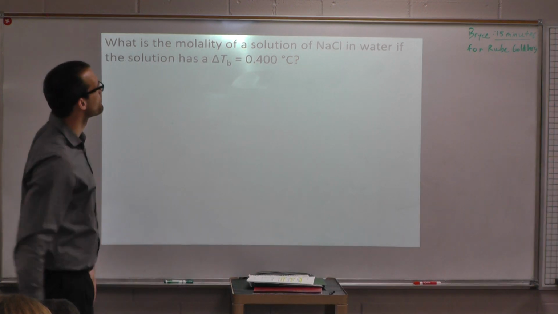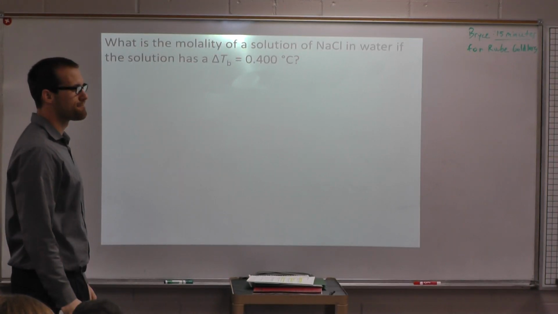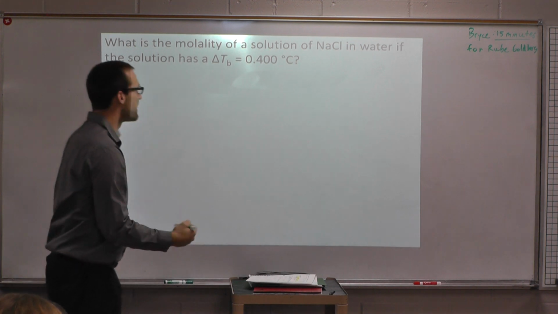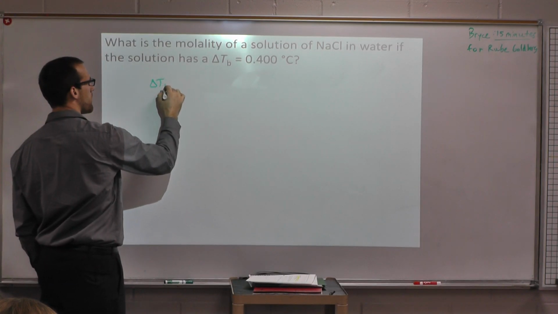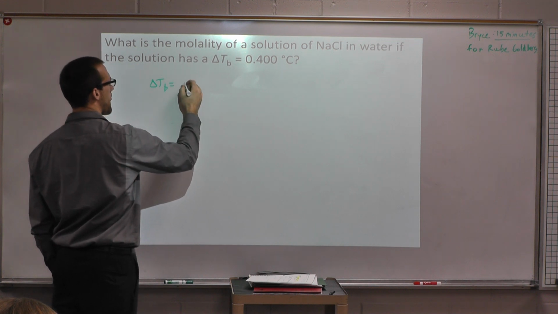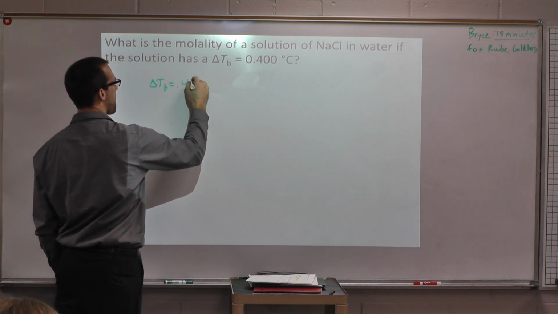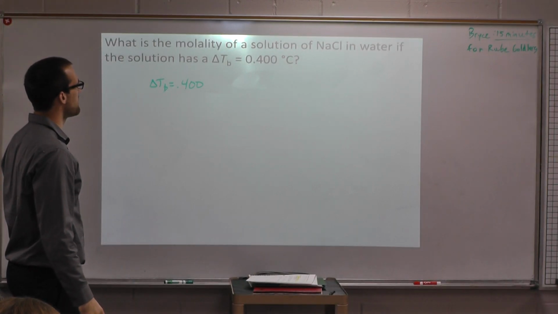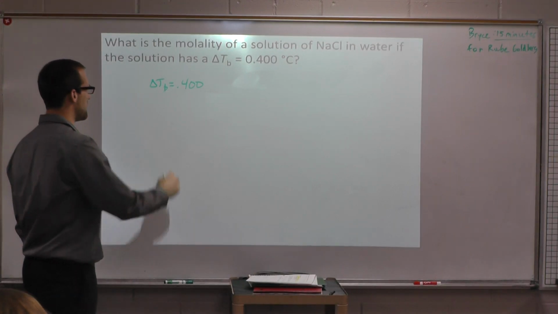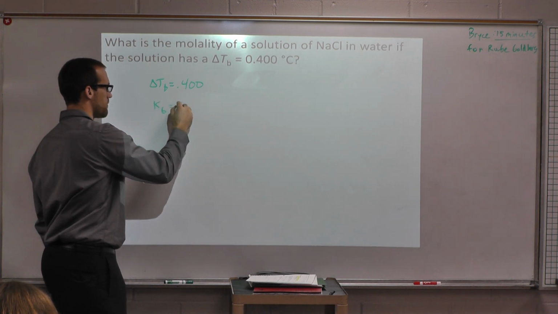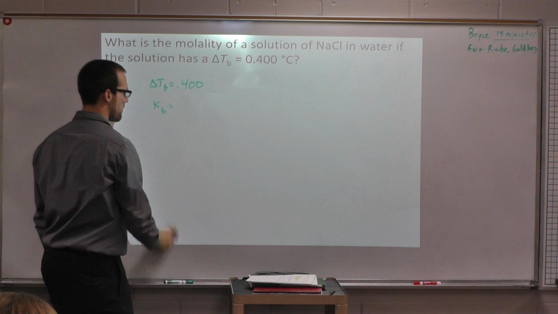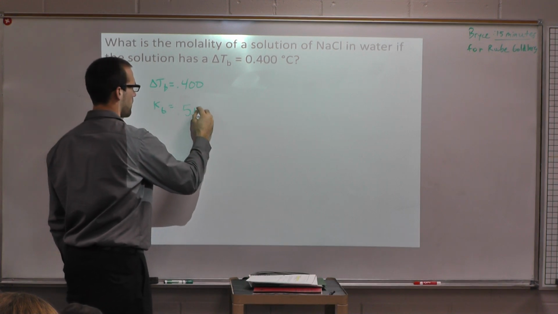What did they give us? They gave us the change in temperature, the increase. They gave us the elevation. We have to solve for molality using the constant, so we just take that and divide it by the constant. In water, we know our constant: 0.512 degrees Celsius over molality.